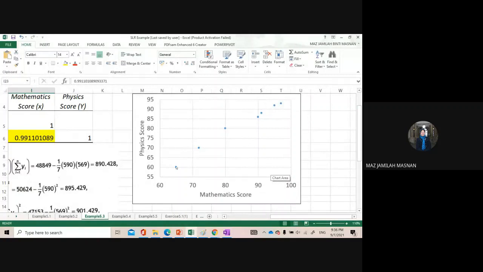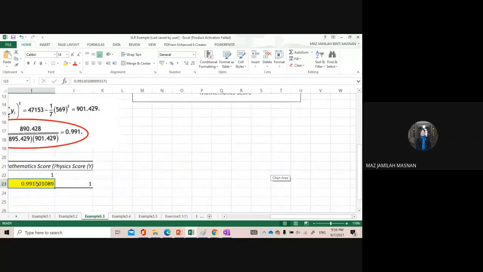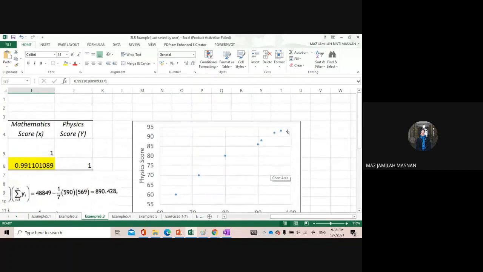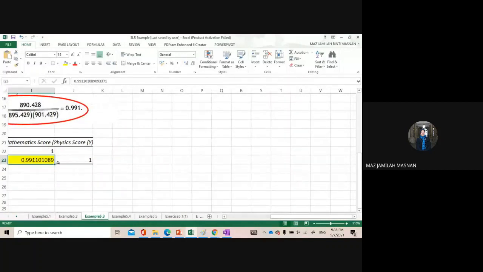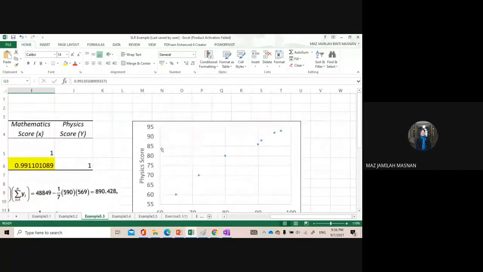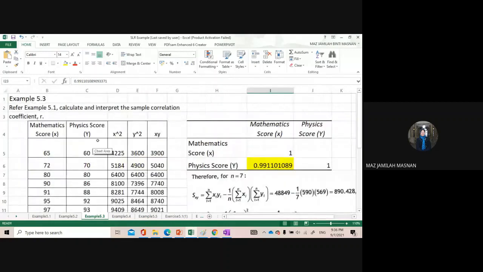Because if you draw a straight line, most of your points will be near the straight line. So this is an indicator of why your R is approaching positive 1. They have a positive direction, and the strength is very strong, very high, because it is approaching 1. So that would be our example based on mathematics and physics.